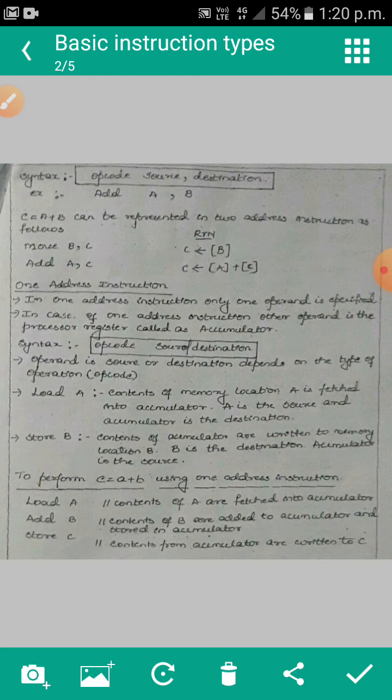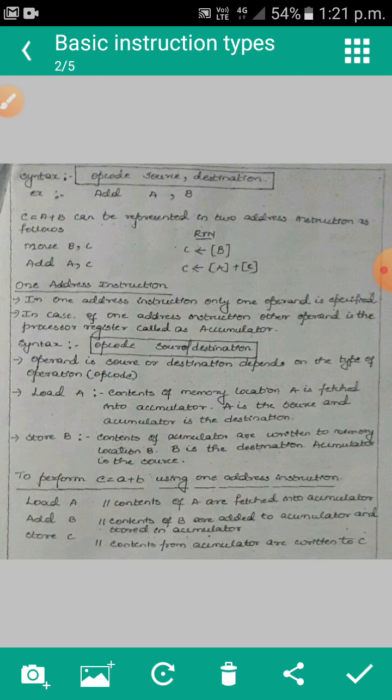In the store operation, store B means the content of the accumulator, the value that was fetched and stored in the accumulator, is written back to memory location B. Store means we are writing back from the accumulator to B. In this case the accumulator is the source and B is the destination.